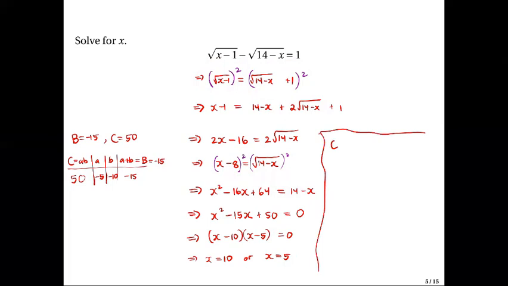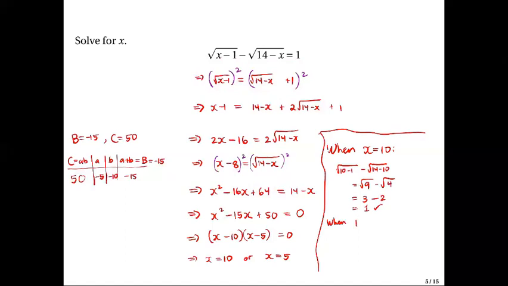When x equals 10, we will have square root of 10 minus 1 minus square root of 14 minus 10. This is equal to square root of 9 minus square root of 4, and this is equal to 3 minus 2, which is equal to 1. So we are good.